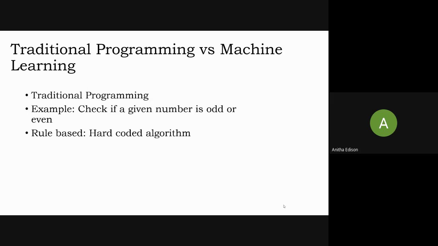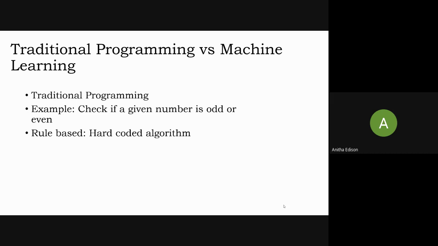What is the difference between traditional programming and machine learning? In traditional programming, for example, if I want to check whether a given number is odd or even, I can use a rule-based algorithm, or hard code it. I divide the number by 2, and if there is a remainder, it is odd; if the remainder is 0, the number is even.